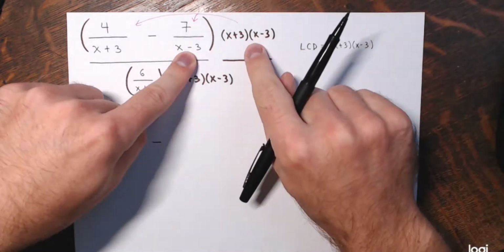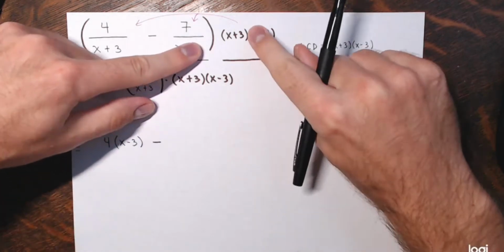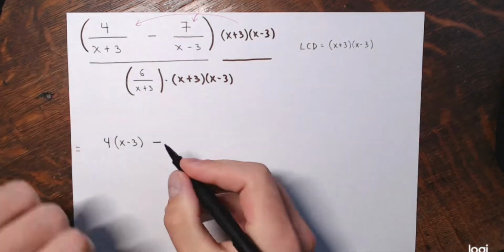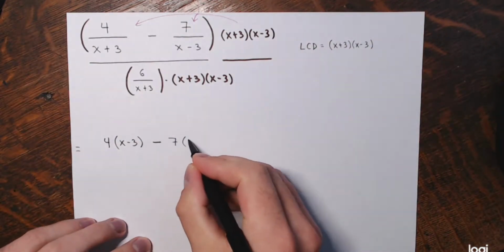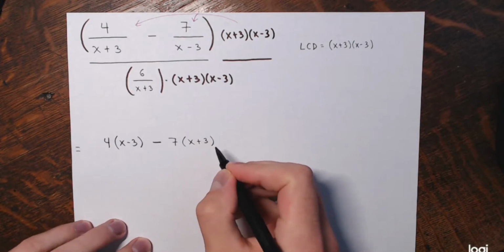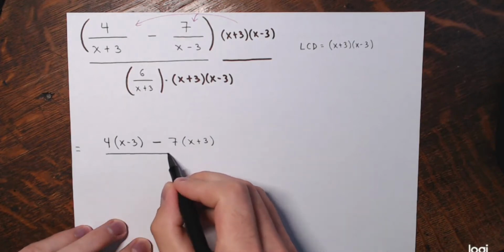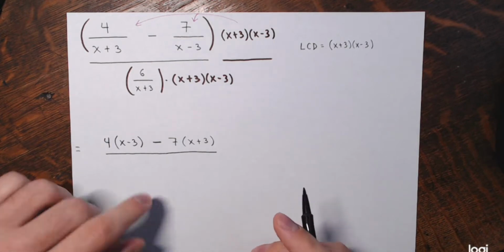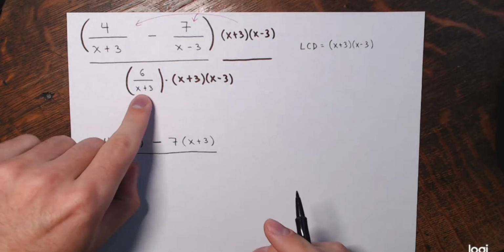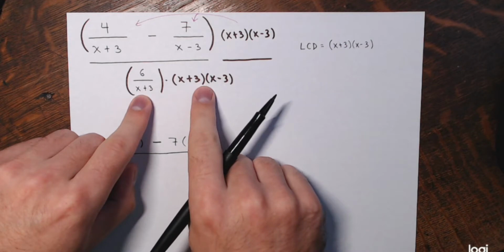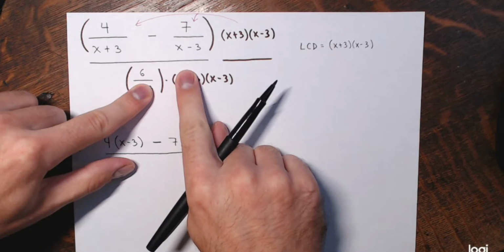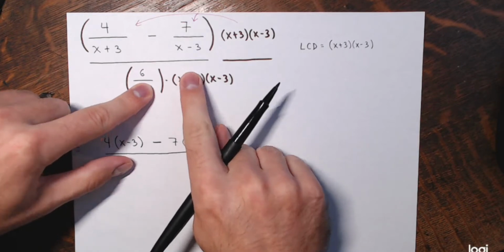When I multiply that by the LCD, the x minus 3's cancel, and I'm left with 7 times the quantity x plus 3. There's the numerator. See how there's no more fractions within the numerator. And then the denominator, everything below the main bar. When I take this fraction, 6 over x plus 3, and multiply it by the LCD, the x plus 3's would cancel, and I'd be left with 6 times the quantity x minus 3.